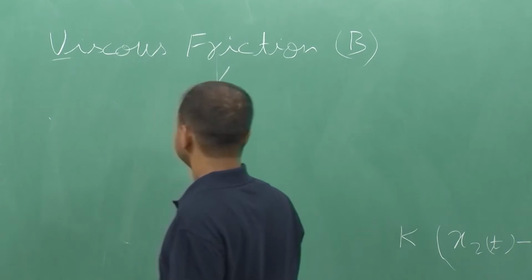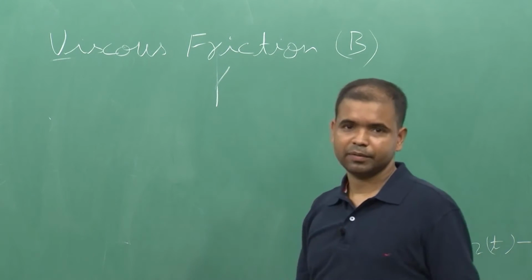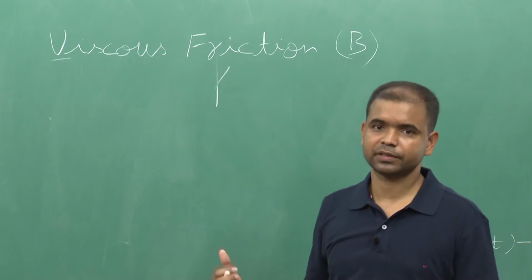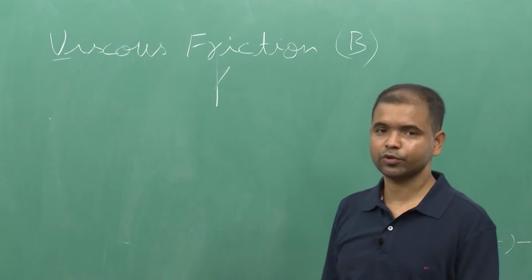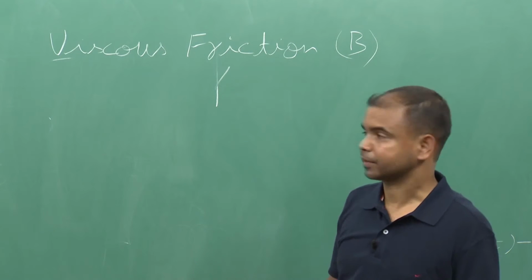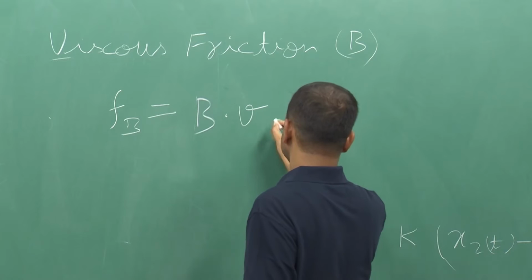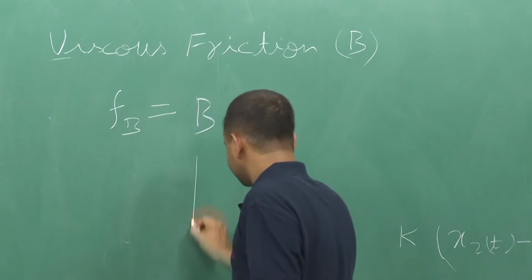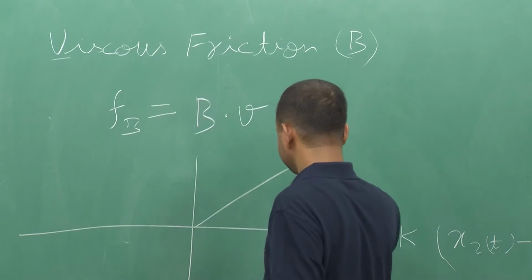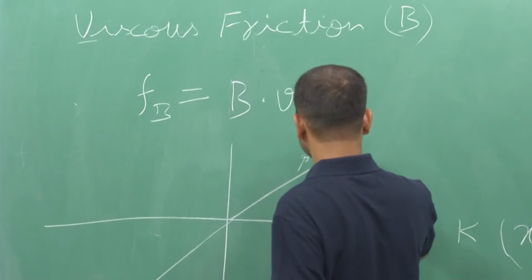Whenever a body moves in a fluid, we realize this friction, and in our discussion most of the time we visualize this friction. So, F of b is equal to b into v, and if I plot it, it will be like this, and this slope is b.